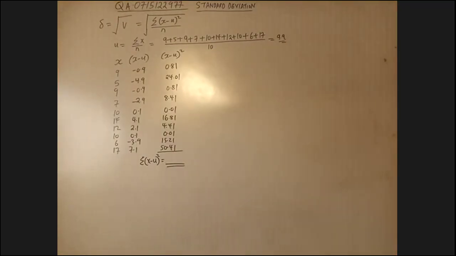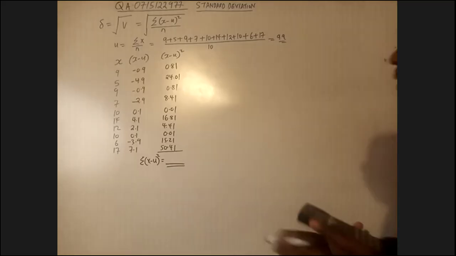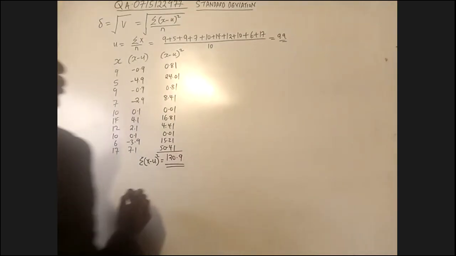Add them together: 0.81, 4.01, 0.81, 8.41, 0.01, 16.81, 4.41, 0.01, 15.21, 50.41. The total is 120.9.